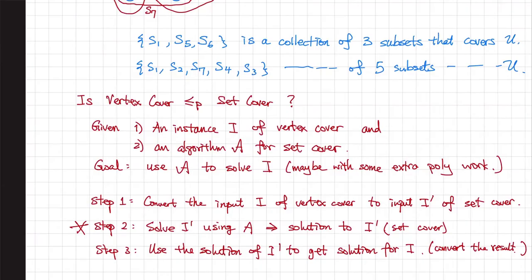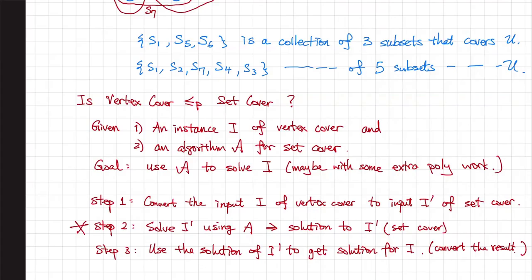In the vertex cover, we're trying to use vertices to cover edges. In the set cover, what are we trying to do? To select subsets to cover all the elements. So what do the vertices correspond to?